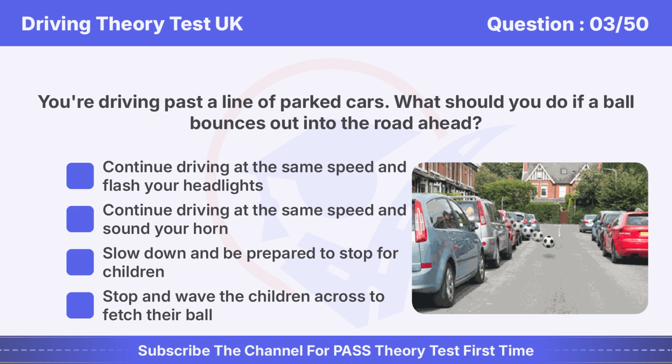Question 3. You're driving past a line of parked cars. What should you do if a ball bounces out into the road ahead? Answer is C. Slow down and be prepared to stop for children.